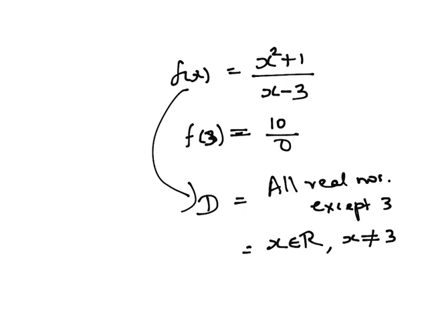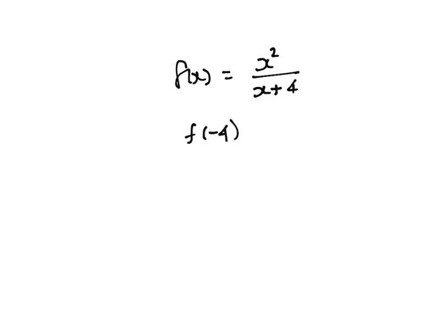Let me give you another example. Let us take f of x equal to x square by x plus 4. Here it is easy to note that if I replace x with minus 4, for example f of minus 4, I'll get 16 upon 0, which is not a real number.